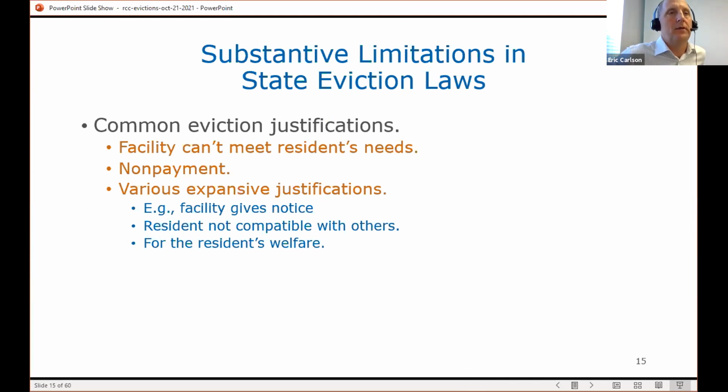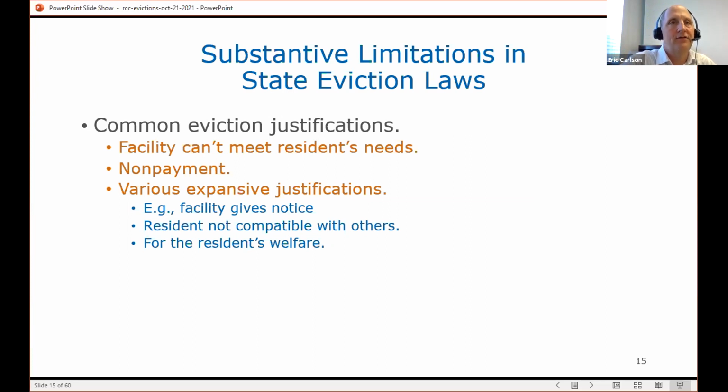I know I've seen in some state regulations, just a simple statement, if the facility serves a notice saying your tenancy is ended in this facility, the resident has to leave. So in some of these, they're very broad. They give the facility a huge amount of discretion.